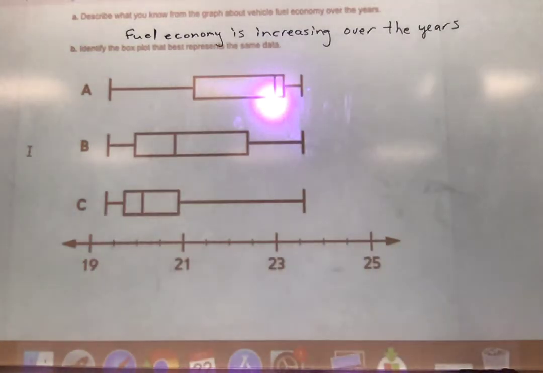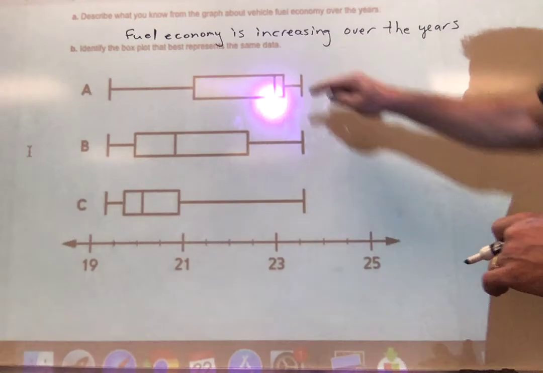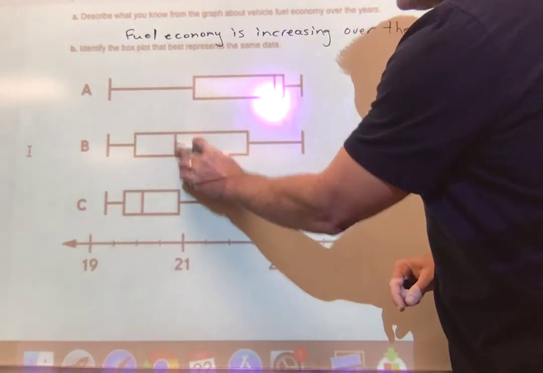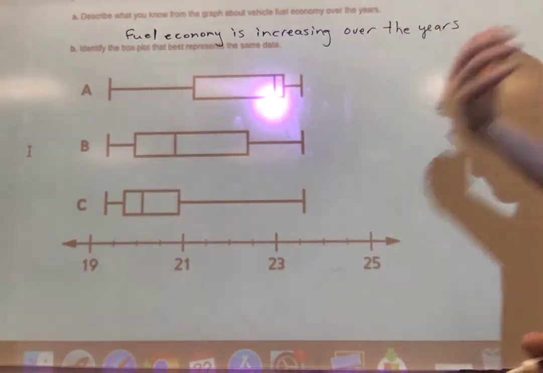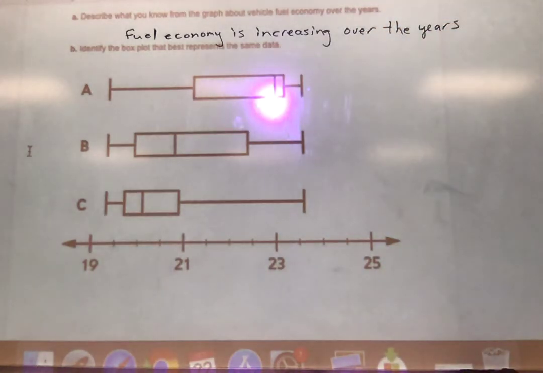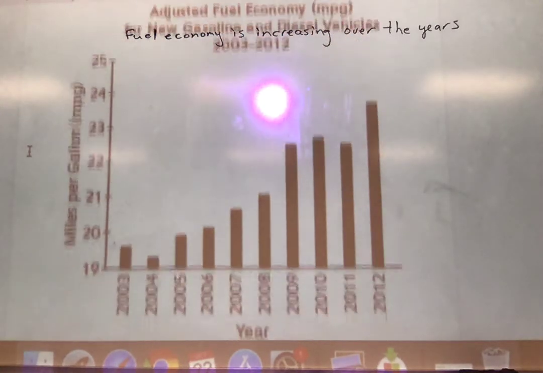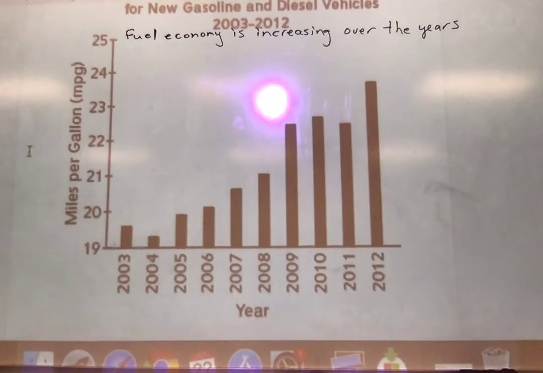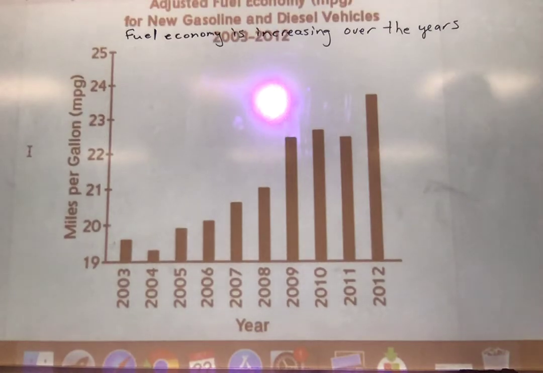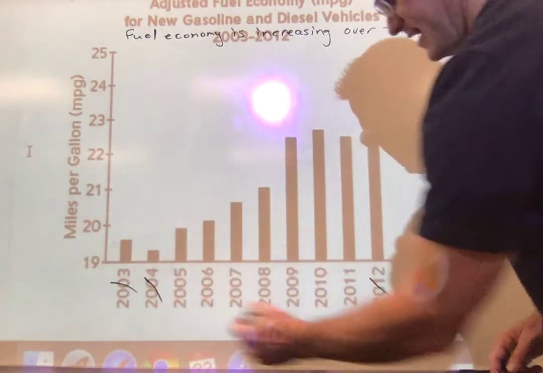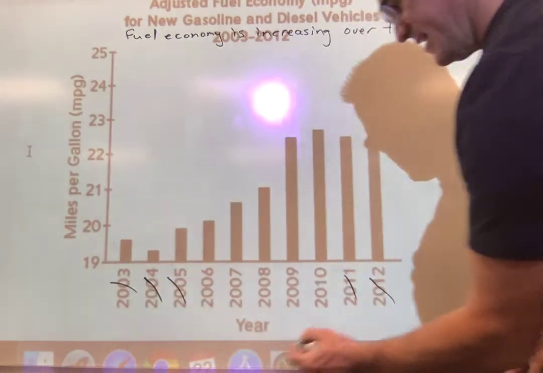So the minimum and the maximum don't really help us here, but what helps us is the median. If I can find the median of my data on the other graph, that should tell me which answer goes with this data. So we know median is the one in the middle. I could just cross off years one at a time and find the middle year.